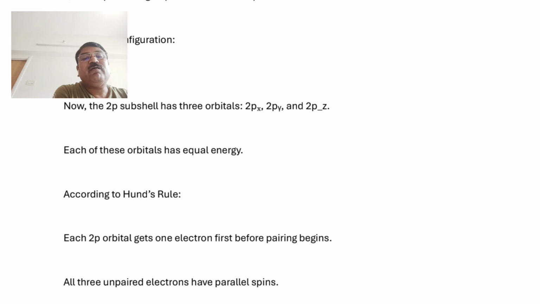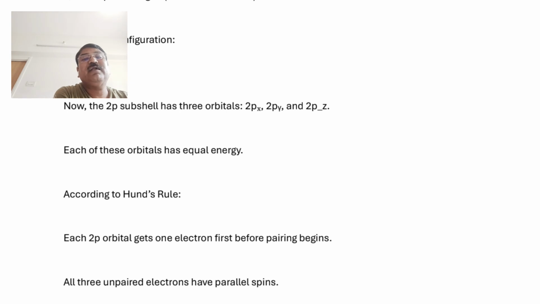So according to Hund's rule, the 2p orbitals get 1 electron each, then pairing will start if it contains further electrons.